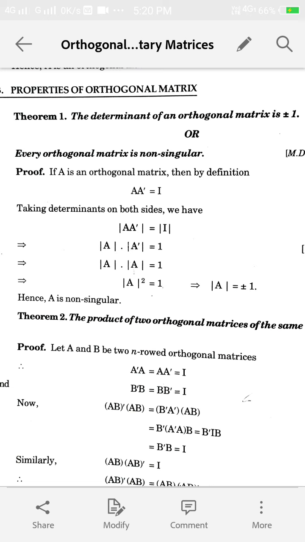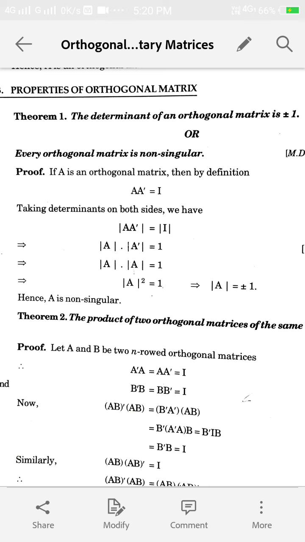Then by applying the definition we can write A into A transpose as an identity matrix. Now if we take the determinant on both sides, we have determinant of A into A transpose equal to determinant of I. The determinant of the identity matrix is always equal to 1.